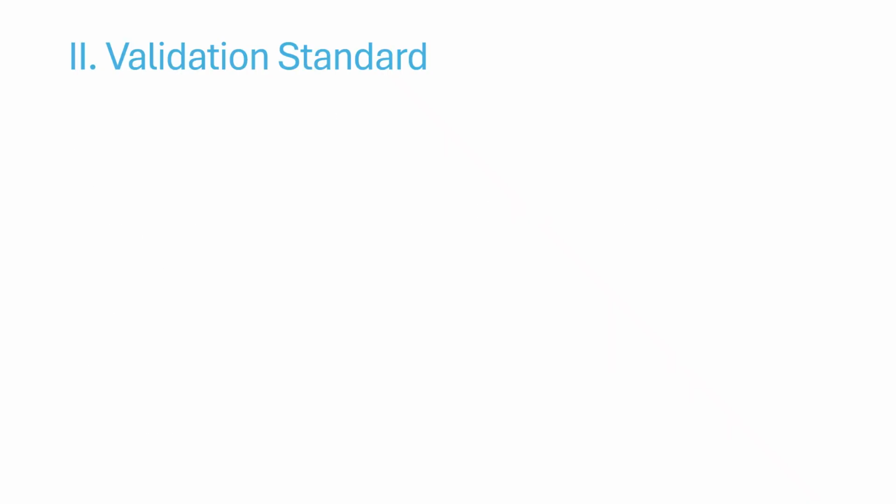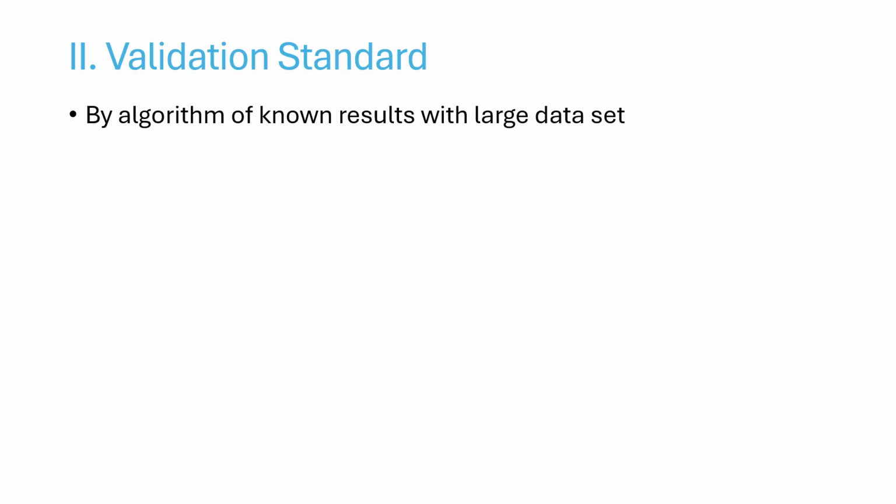Let's talk briefly about the second section of this validation standard. The StatisticalTaylorExpansion is validated using algorithm of known result with large data set like FFT. The large data set enables high quality statistical analysis. The first thing is something called value error.